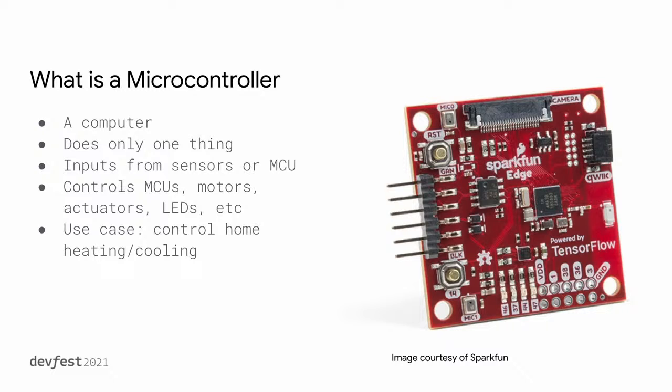So you're able to daisy chain microcontrollers where the output from one microcontroller serves as the input to another microcontroller. Microcontrollers, by extension, can control other microcontrollers, or using their output pins, they're able to control motors, actuators, LEDs, and anything that can be controlled via electricity.